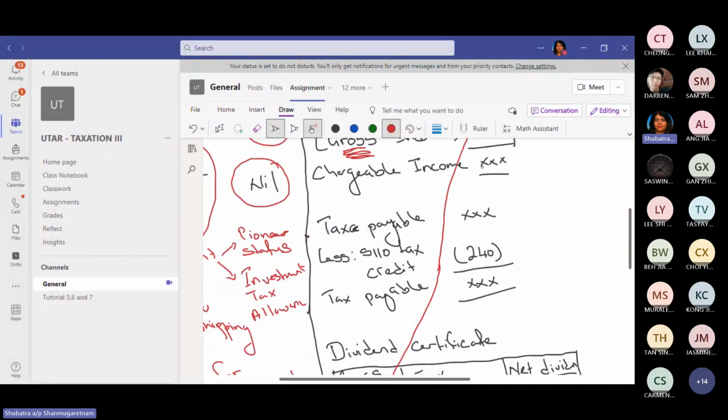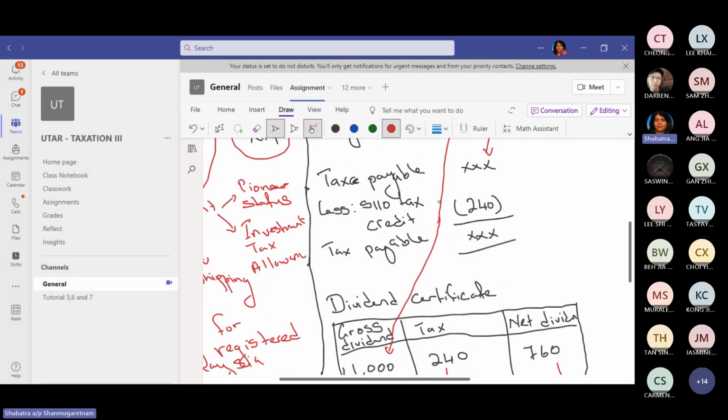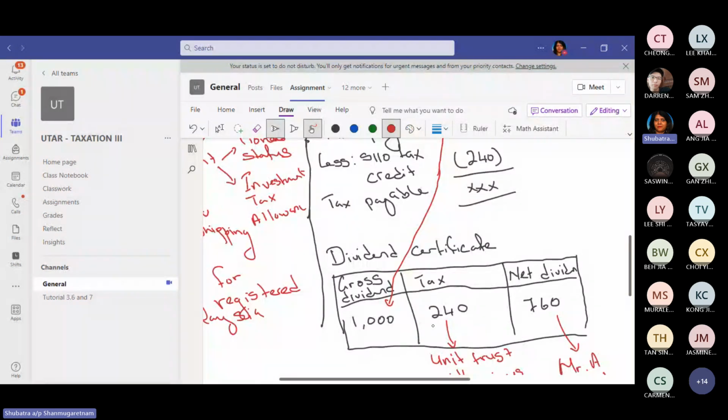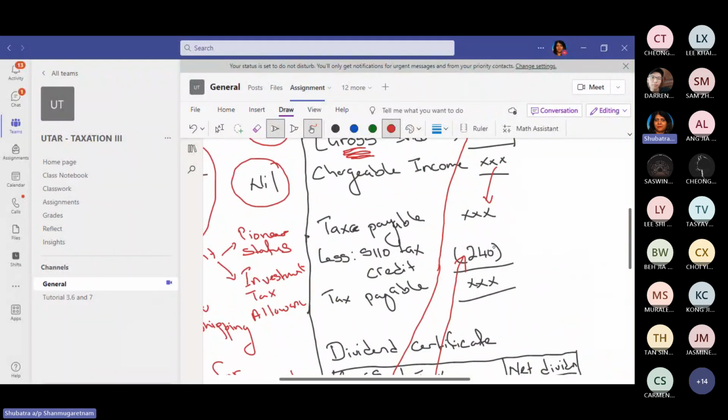You will calculate the tax based on this chargeable income. Because you have already suffered tax for that dividend, the tax that the unit trust has already minus from you will be your tax credit. Minus that, whatever tax payable is what you need to pay.